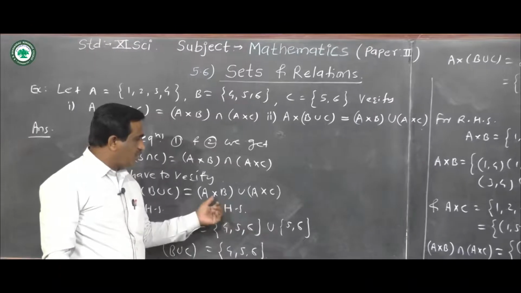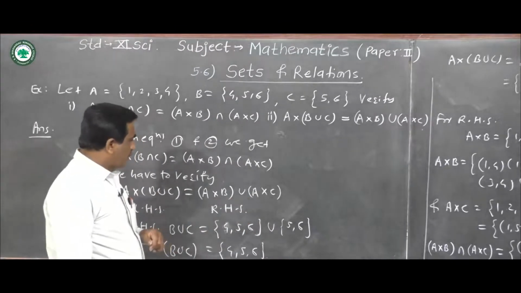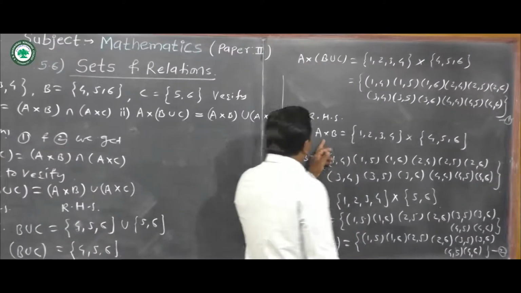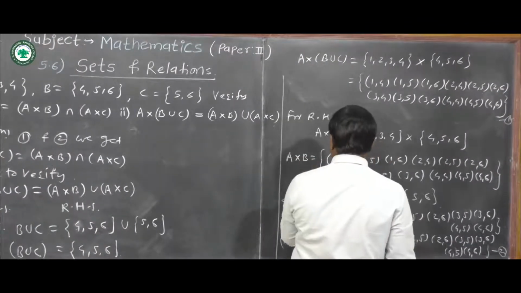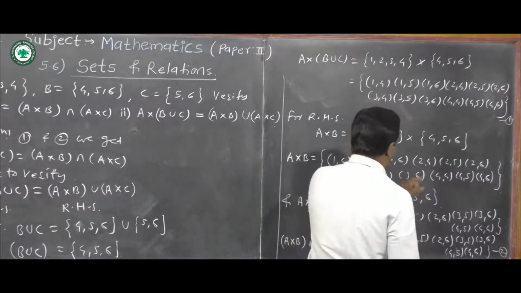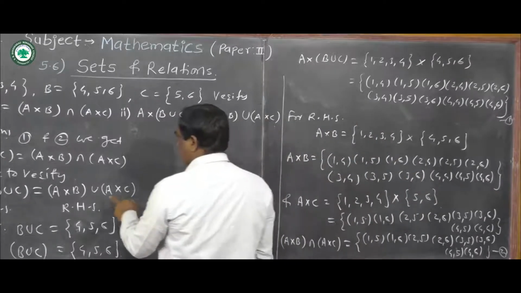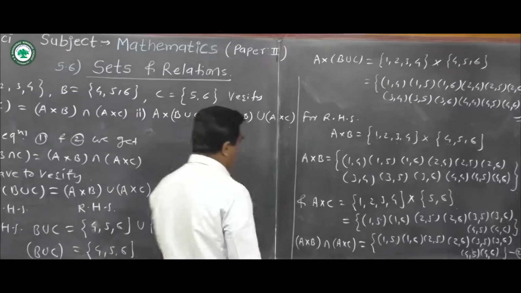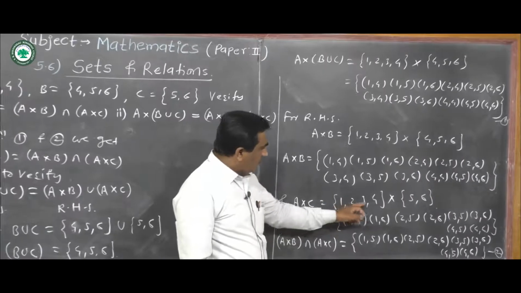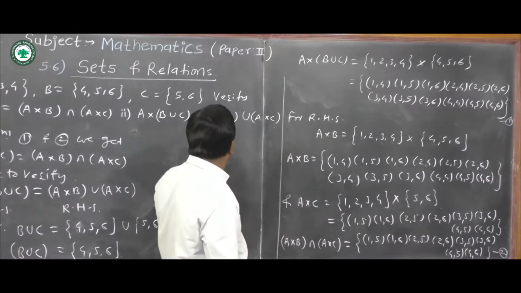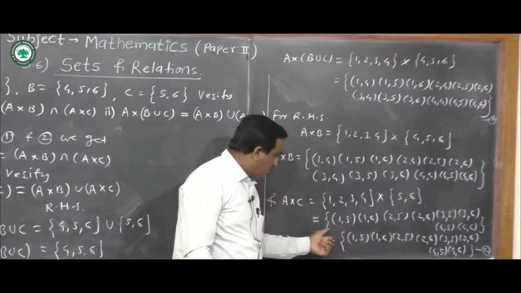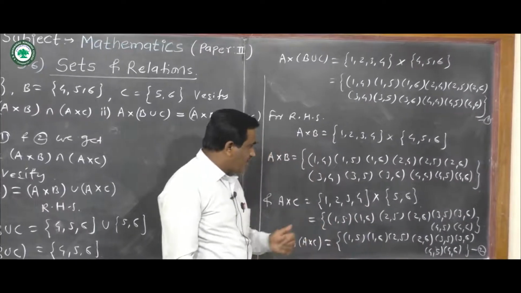Okay, now for RHS we have to find A cross B and A cross C, and then we can take union of these two Cartesian products, A cross B and A cross C. Now here we write A cross B. A cross B is equal to this set, and A cross C also here, and A cross C is equal to the cross product of these two sets, 1, 2, 3, 4 and 5, 6, in this curly bracket in ordered pair form.